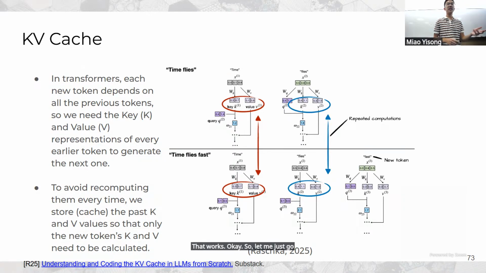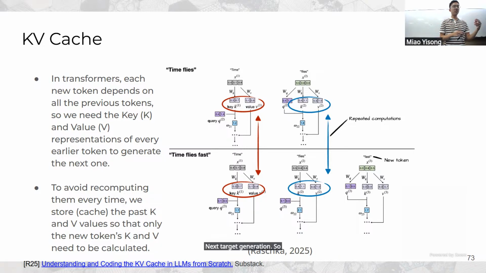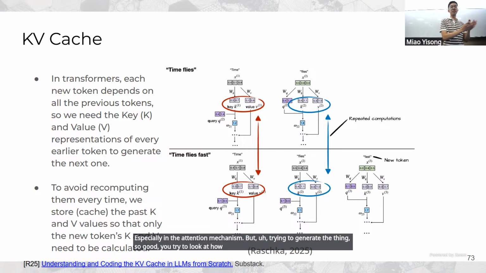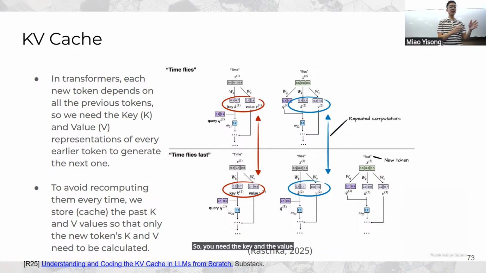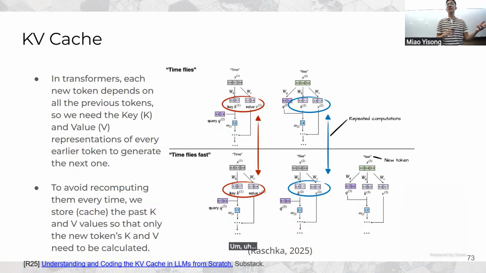In transformers, the LLMs do next token generation. Each new token depends on all the previous tokens, especially in the attention mechanism. When you are trying to generate the next token, you look at how it relates to all the previous tokens. So you need the key and the value representations of every earlier token to generate the next one. As a result, there is going to be repeated computation for every single token in a sentence.